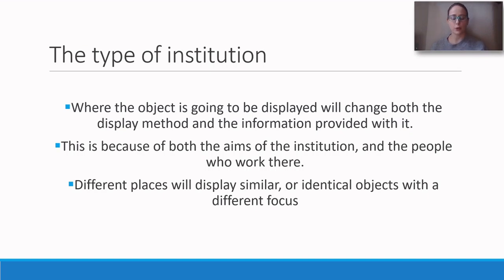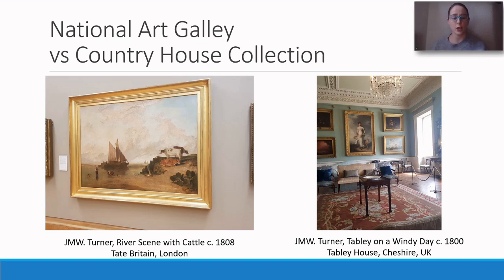An example, we've got a few examples here. The first one is two paintings by J.M.W. Turner. So one here, on the left, is a National Gallery displaying a piece of work by Turner. Now, the National Gallery would have collected this because it's considered of national importance.